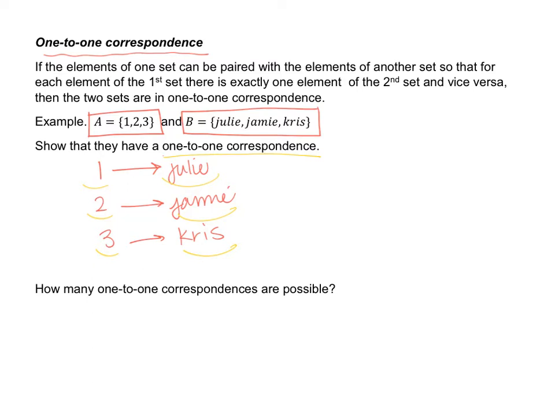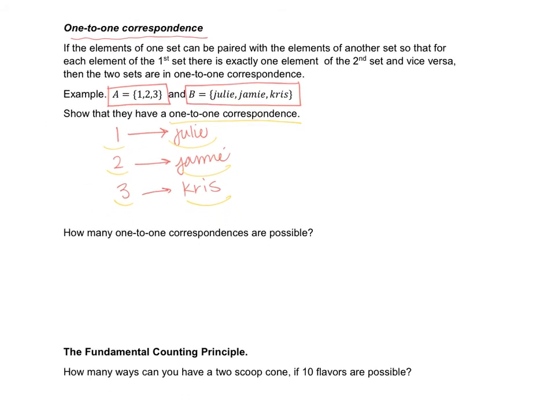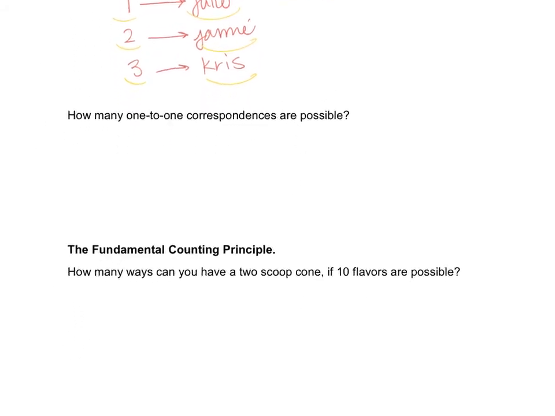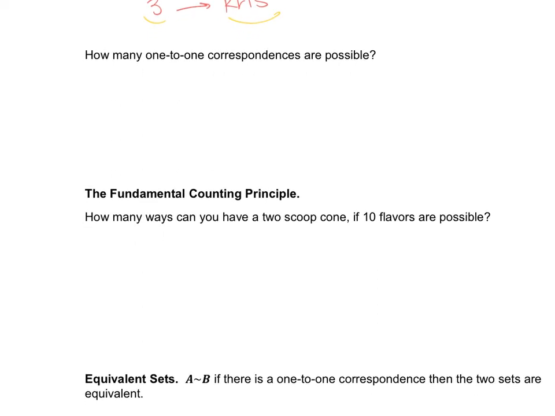Now, I could have done that in lots of different ways. I just happened to do first with the first, second with second, and third with third, but it could go a variety of different ways. So for this next question, it wants to know, how many one-to-one correspondences are possible? Well, you're assigning, and I'm going to draw this with something called a tree diagram.